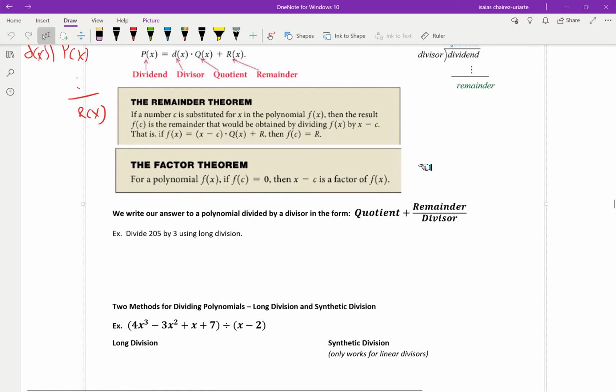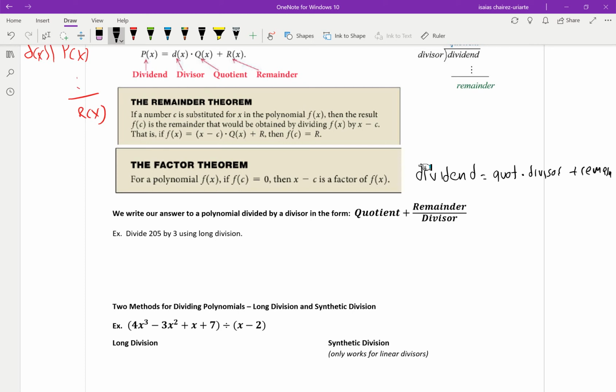Here what you gotta think is the following: you have dividend equals quotient times divisor plus remainder. This is a little equation that says that the dividend equals the quotient times the divisor plus whatever remainder. And now imagine that we divide everything by the divisor.